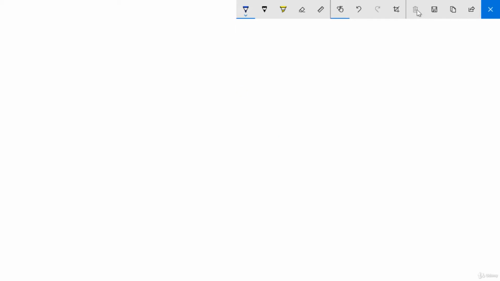Alright, so now if I want to calculate the distance between 2 points on a simple graph, let's say I have a graph, and we want to find the distance between these 2 points.